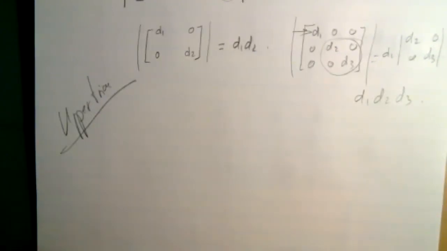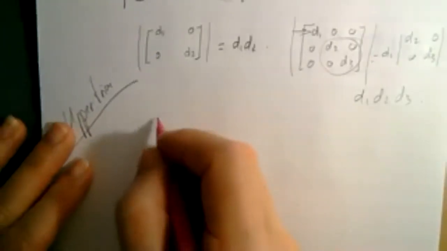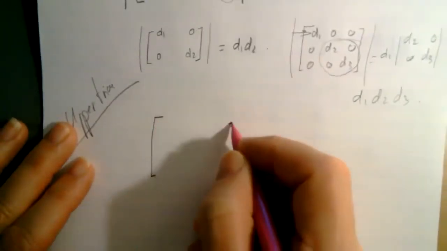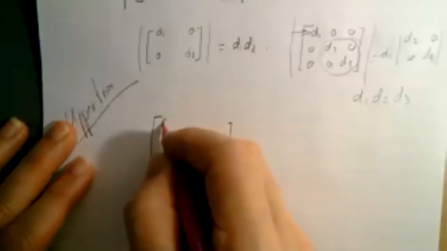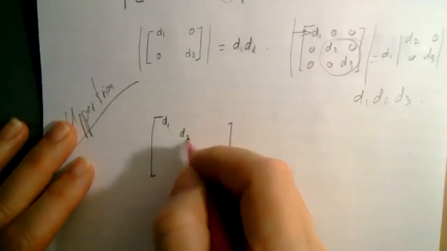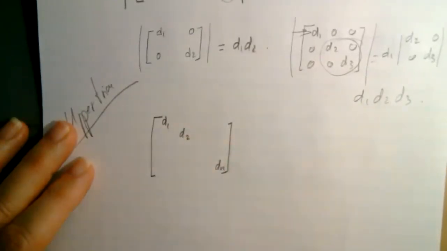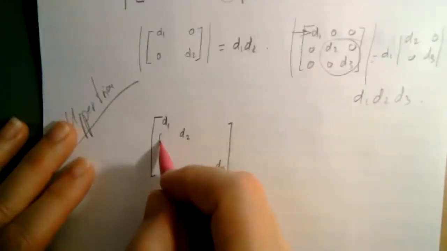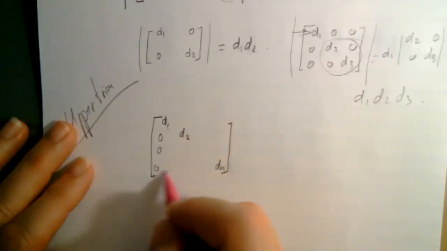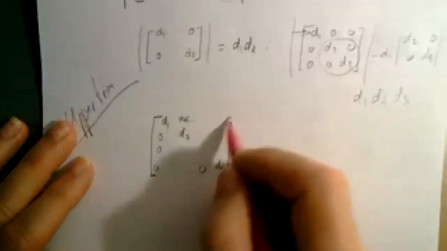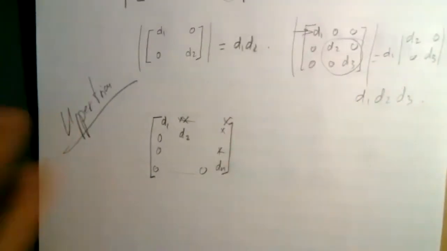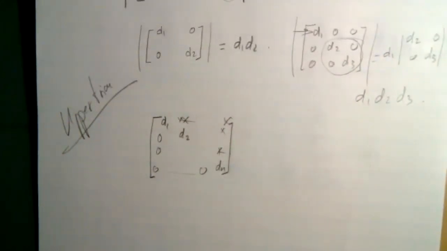Those are n by n matrices. So this is D1, D2, D3, sorry, Dn, all the terms below are zero, and the terms above could be anything you want. That's an upper triangular matrix.